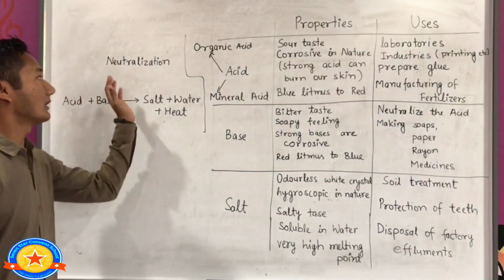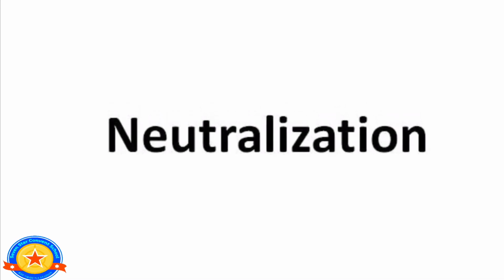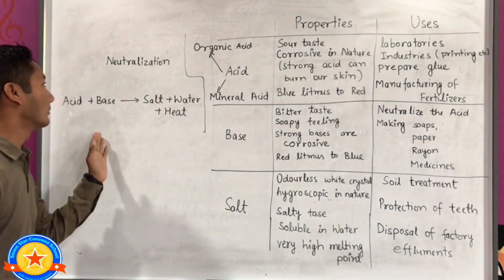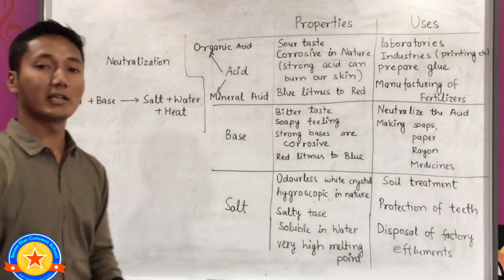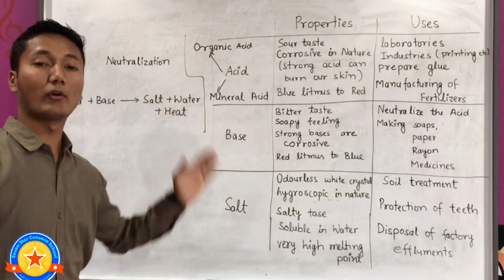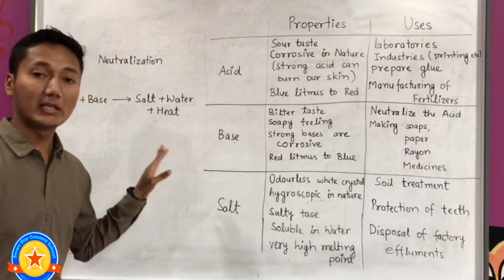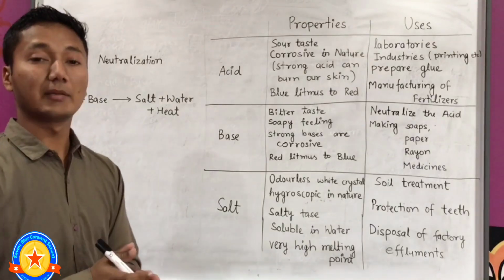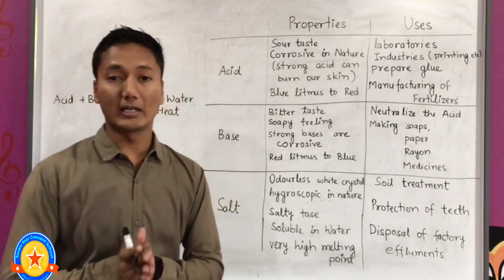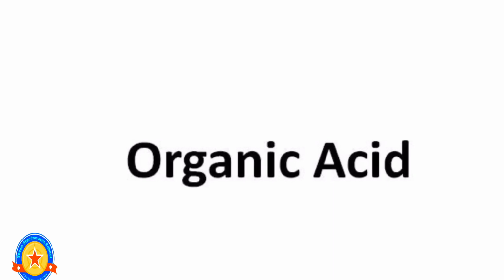One more definition is here, the definition of neutralization. When somebody asks you what is neutralization, then you can say when an acid reacts with a base to form salt and water, this is the process of neutralization. Now from here we can understand the acid properly. In our nature, there are mainly two types of acid present.